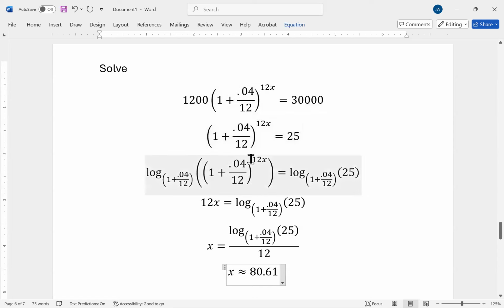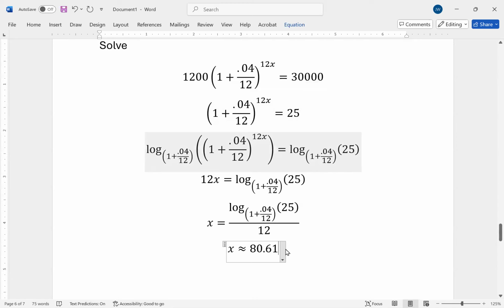without really nice bases. We can take natural log of both sides at this stage, or I can take a log of that base 1 plus 0.04 divided by 12 of both sides. Either way is going to lead me to the same solution. Some calculators you won't be able to do this on, so you'd have to use a change of base property.